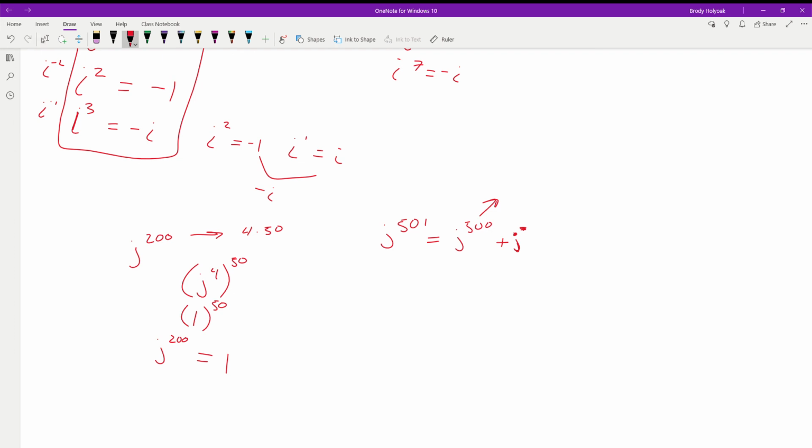So we could expand this to be j to the 4th times 125. And that turns into, what is j to the 4th? 1 to the 125th power. And this is actually not plus, it's times.